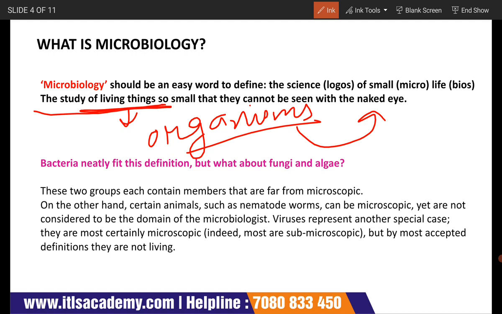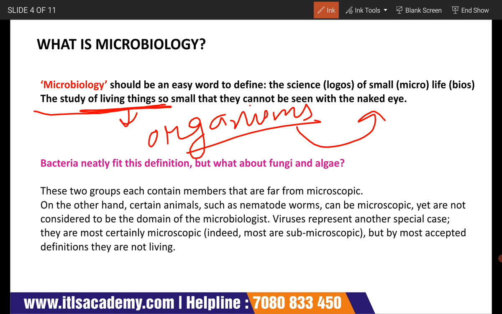But if I take a small sample of my skin, or any sample of a table, and see it under a microscope, then I can say yes, there are thousands and thousands of bacteria present in a very small area.